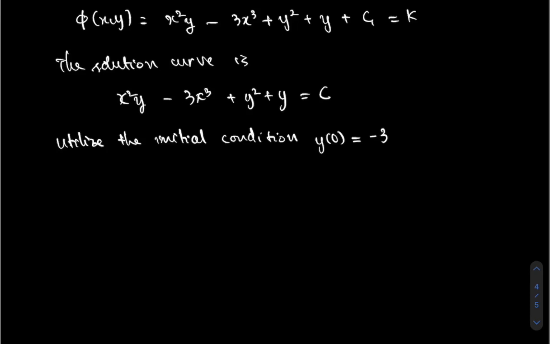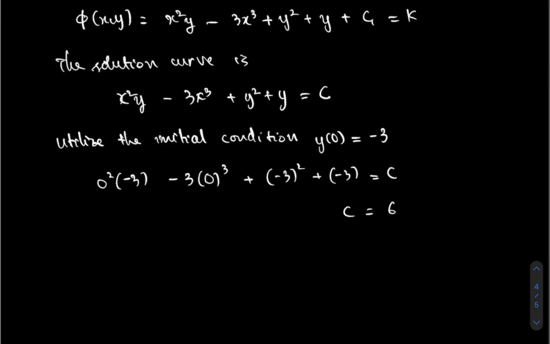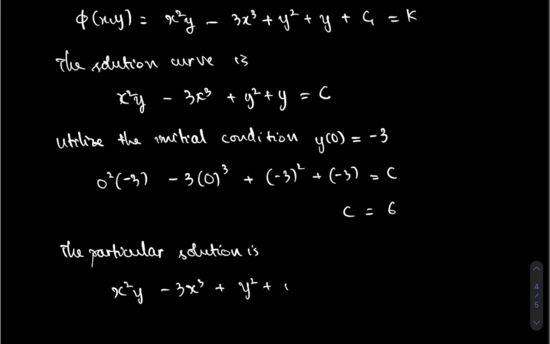So I get 0 squared times negative 3 minus 3 times 0 cubed plus negative 3 squared plus negative 3 equal to c. Or I have c equal to 6. Therefore, the particular solution is x squared y minus 3x cubed plus y squared plus y equal to 6. And this is the particular solution to the exact differential equation.